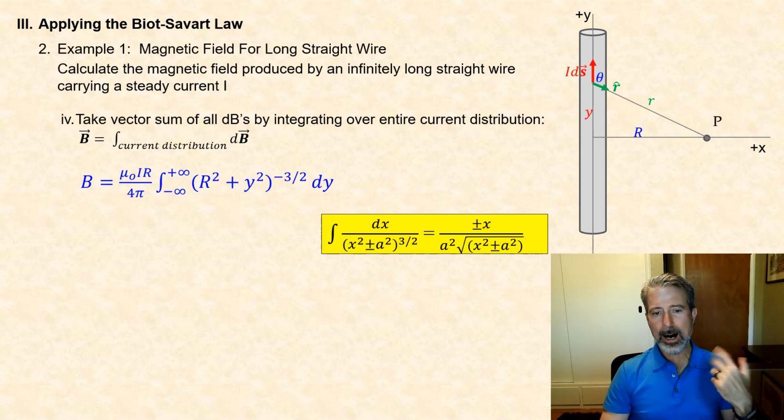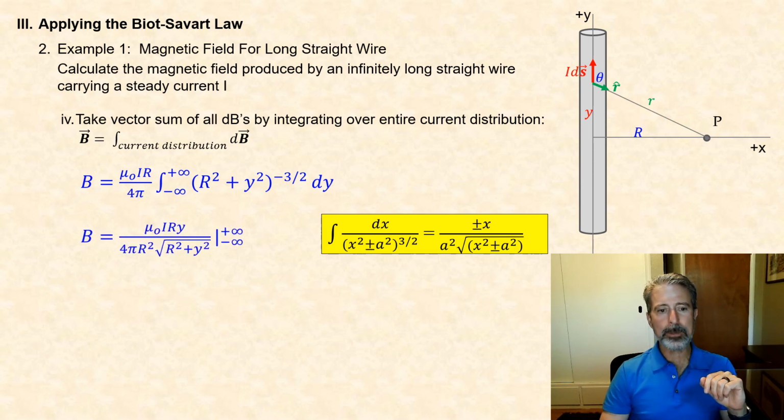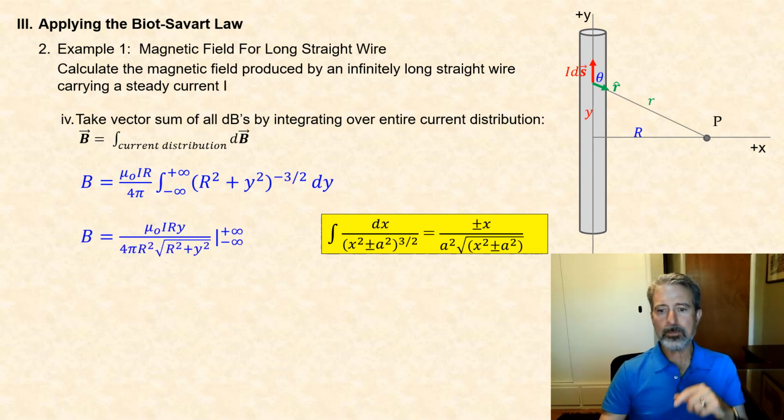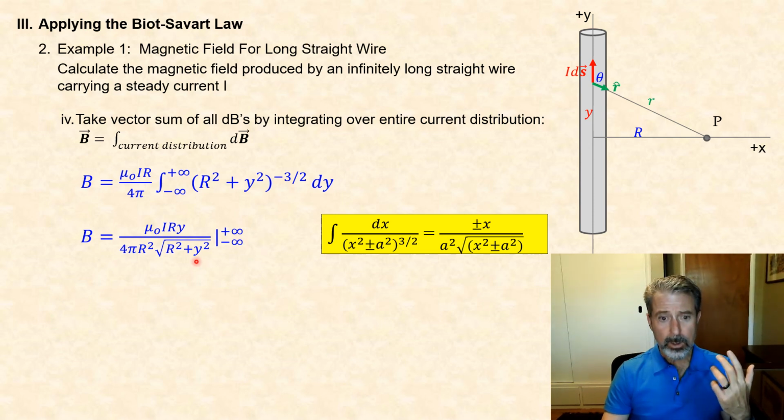So we look it up, and this is how we evaluate this integral. When we apply it to our particular problem, we come up with this for an answer. We notice the limits of the integration, from negative infinity to infinity, and we will run through this really quickly here.